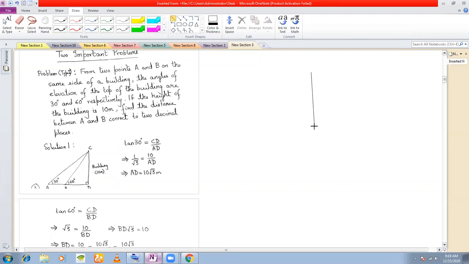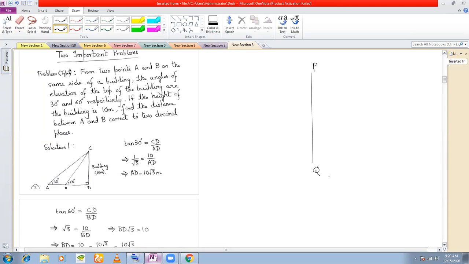This is your building. Let's call this building AB. From 2 points A and B on the same side. A and B are two different points. Let's not call it AB. Let's call it PQ. PQ is your building.